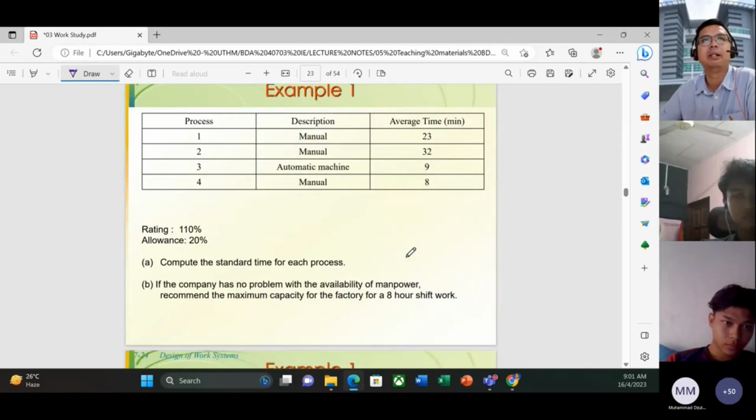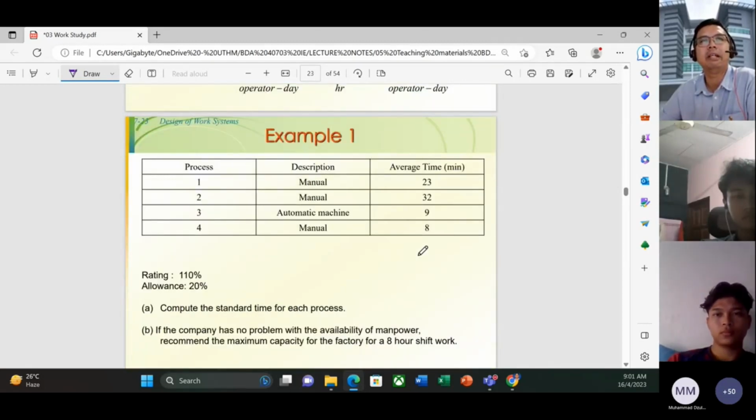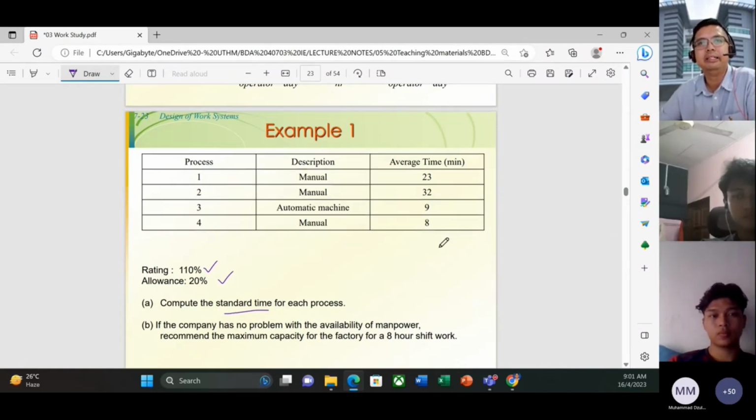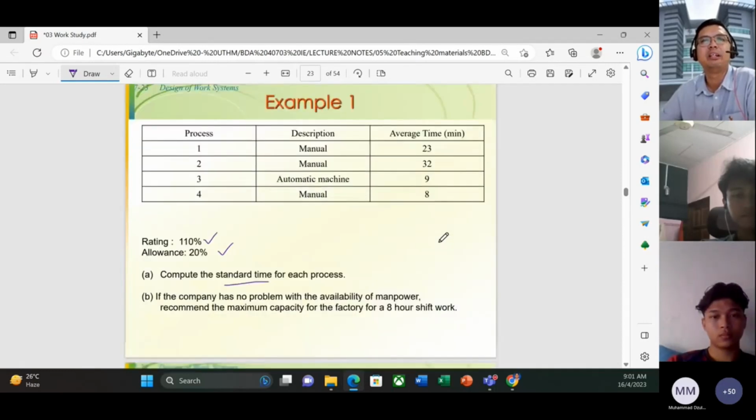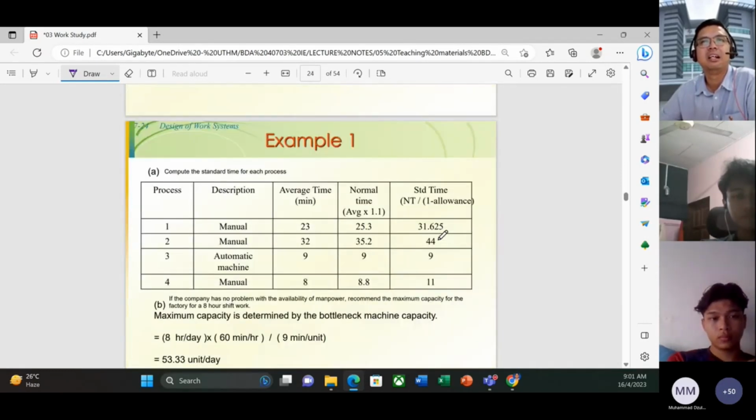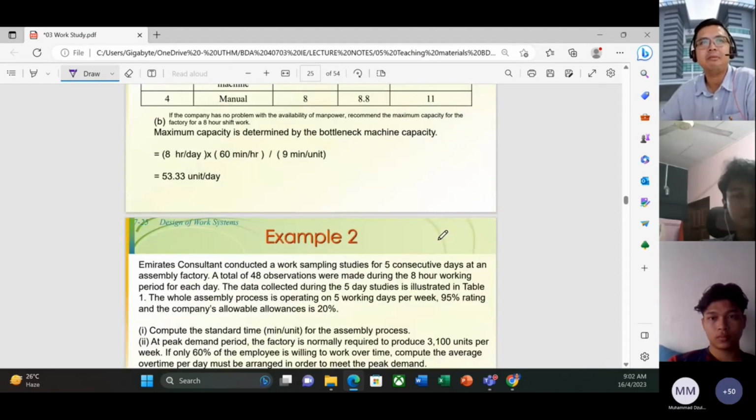When we look at example number 1, they gave you rating, allowance, and standard time. This time is the average time they gave you. Is it a time study or work sampling? Time study, yes, correct.